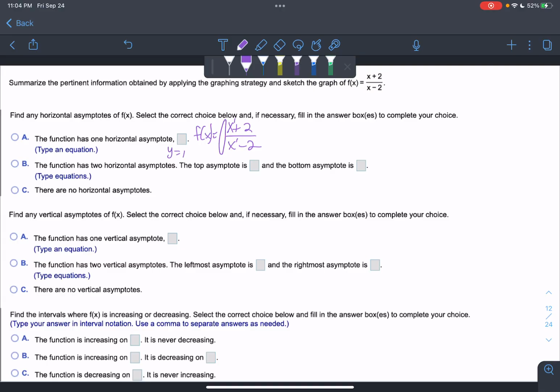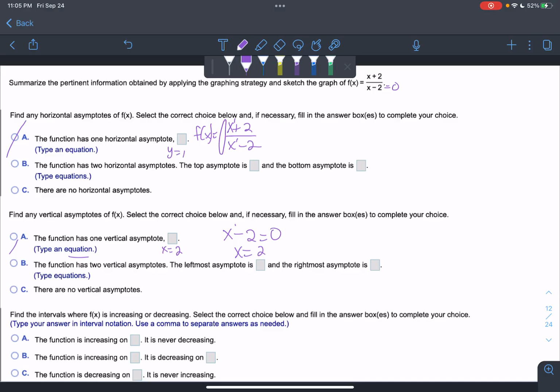Next, vertical asymptote. This occurs when we set the denominator equal to 0. x minus 2 is equal to 0, so x equals 2. And remember to put it in equation form as they ask.